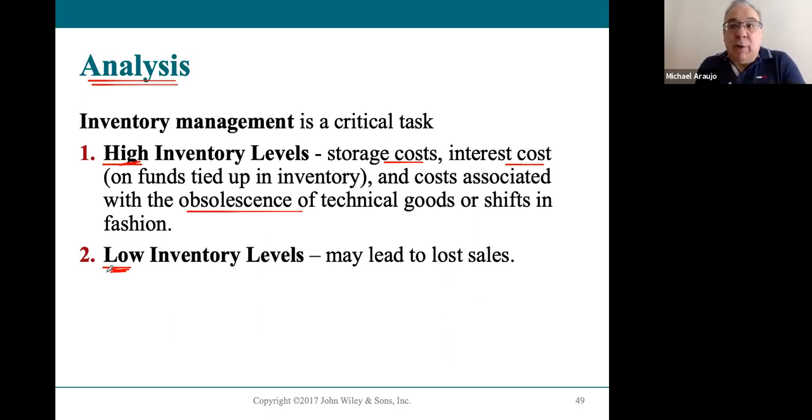And that's the purpose of your business. Your purpose of your retail business is to sell your goods, sell your inventory. So you need to make sure you have it. So the analysis is very important to do because you simply want to avoid having too much inventory or having too little inventory because you're in business to sell it.